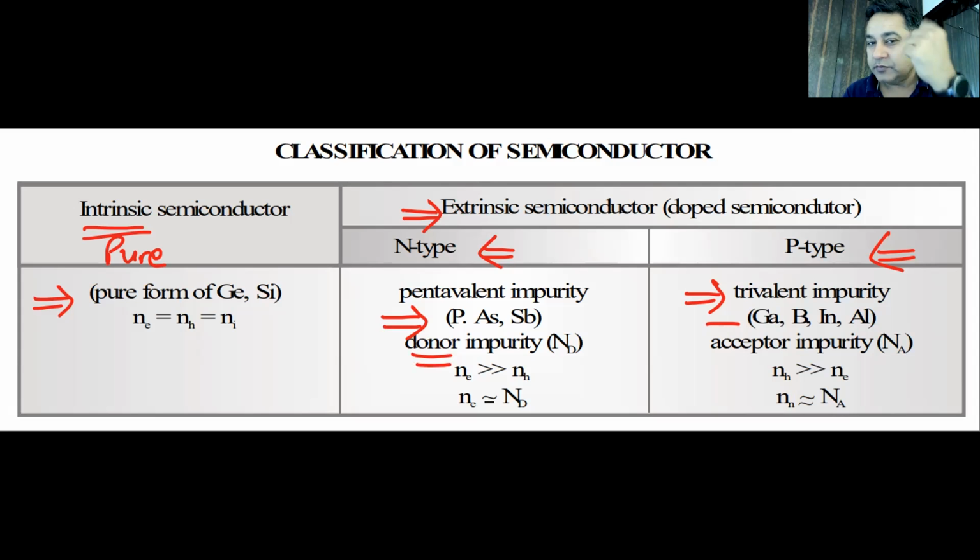So N: pentavalent, 1 electron extra, negative. Do we understand this? Yes, sir. For trivalent impurity, I have 3 electrons, I have 1 electron less. So I will accept electrons. I take electrons from there. Therefore, it becomes positively charged. We understand this? Yes, sir.